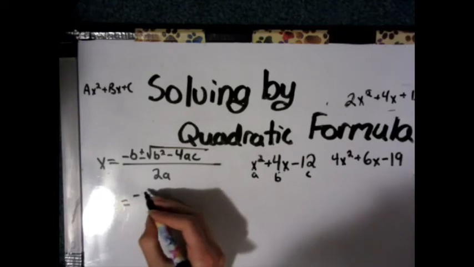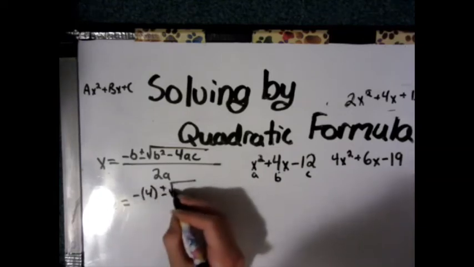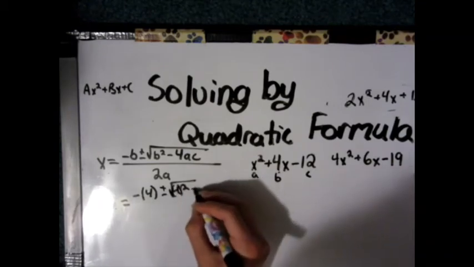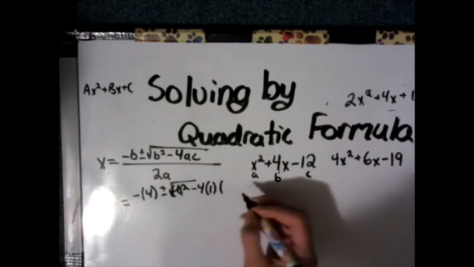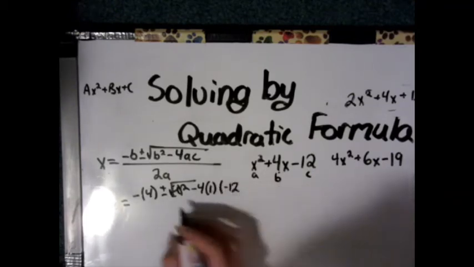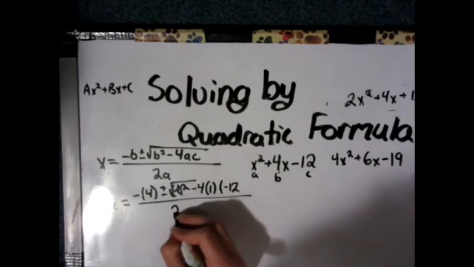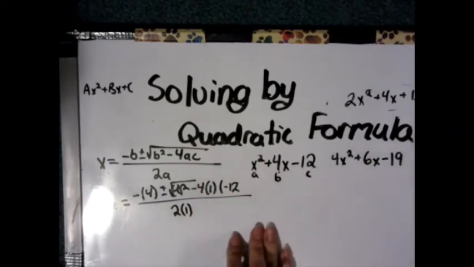So you're just going to want to start adding in your values. And this is all over 2A, which is in this case 1.